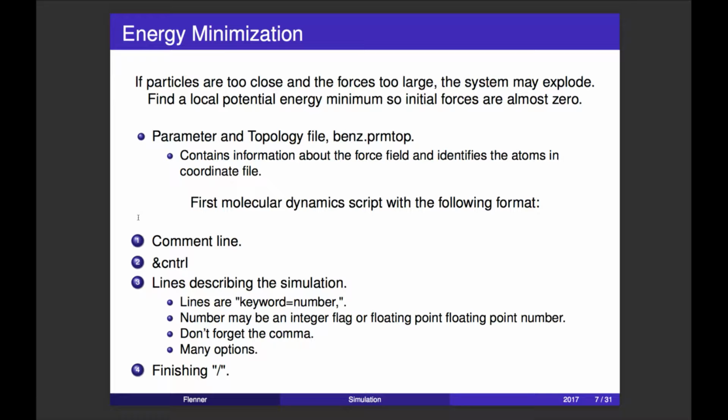In general, lines are a keyword equals some sort of number. The numbers may be integer flags or floating point numbers telling you something about the simulation. Between each command, there's a comma. Don't forget the commas. And there's many options. We'll only go through a few. And there's, of course, documentation of how it's done.